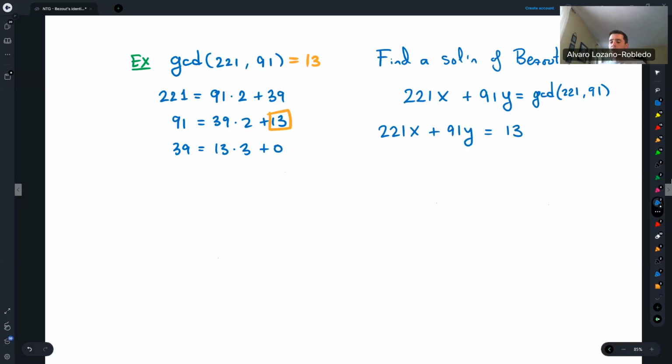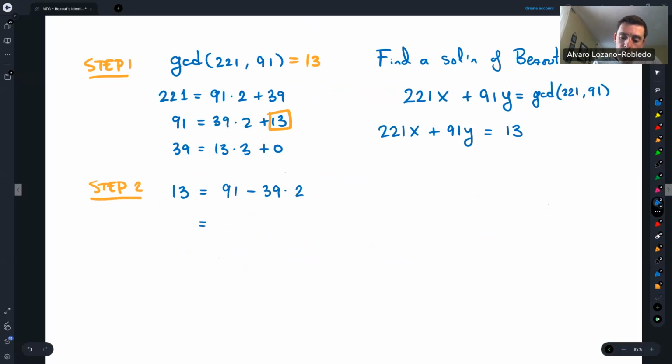We have already done step 1, which is Euclid's algorithm. And step 2, I want to reverse Euclid's. So start with the last equation: 13 is 91 minus 39 times 2.